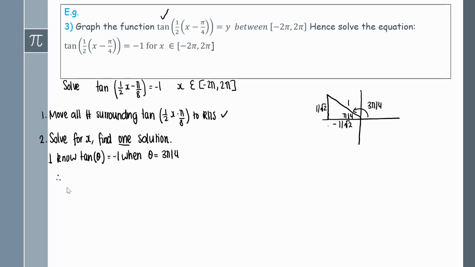But remember, I don't have a theta. I have half x minus pi on 8. So I'm going to let it equal 3 pi on 4, and then move everything across until you have x by itself: plus the pi on 8, times by 2.